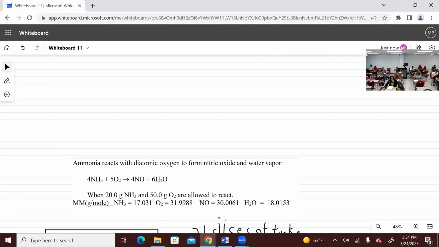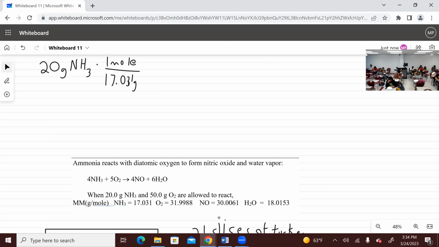But if I do the NO with ammonia, I have to do the NO with oxygen too. Okay, so I'm going to say 20 grams of NH3, times 1 mole per 17.031 grams. Y'all see where I got this 17.031, right? 17.031 grams is equal to 1 mole.